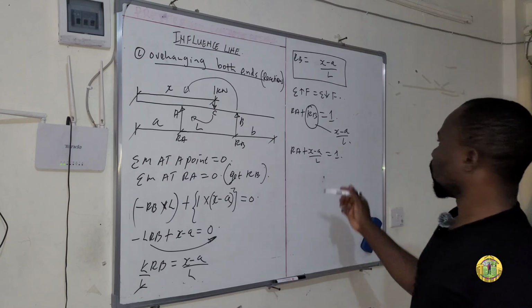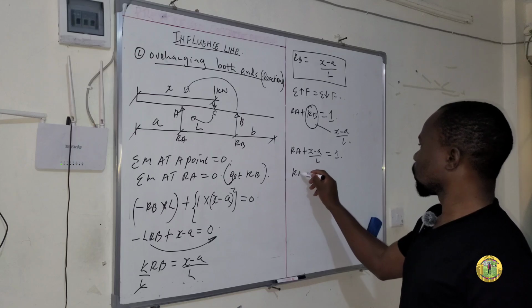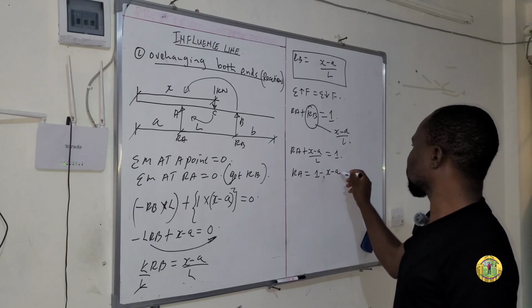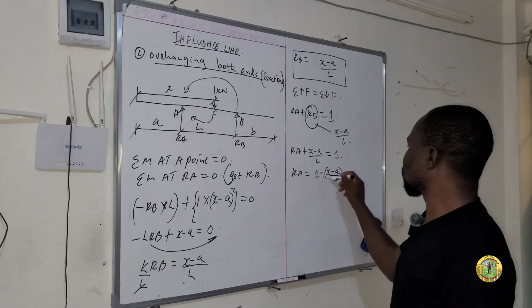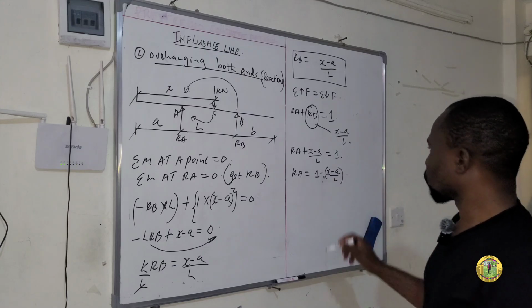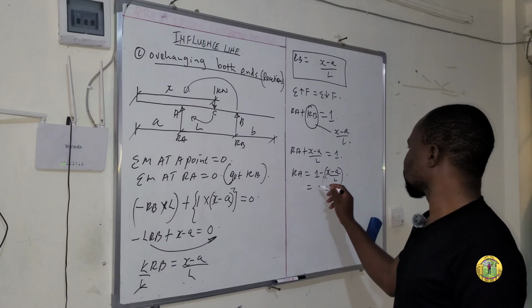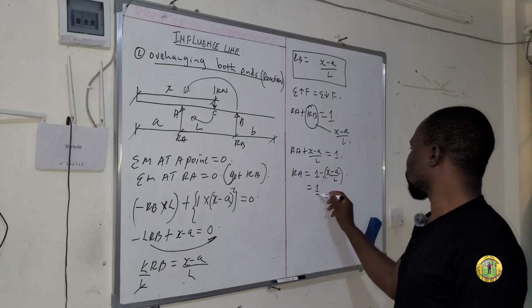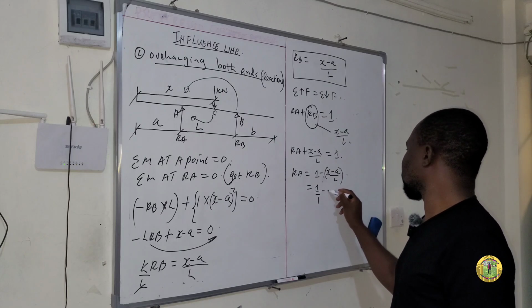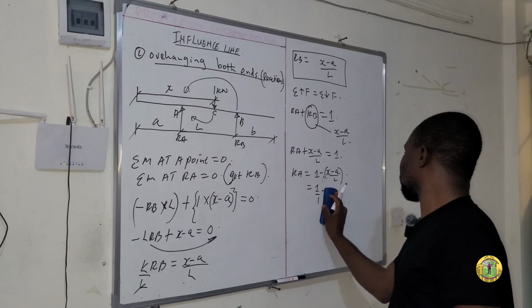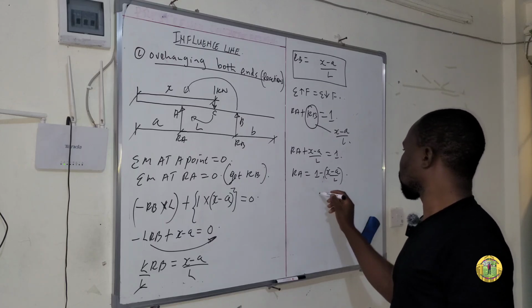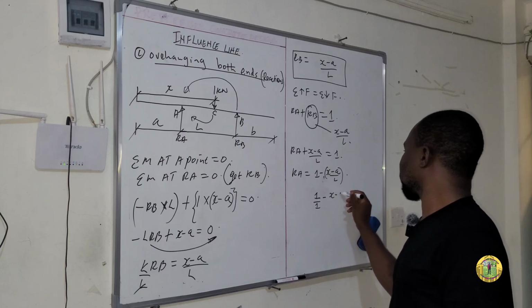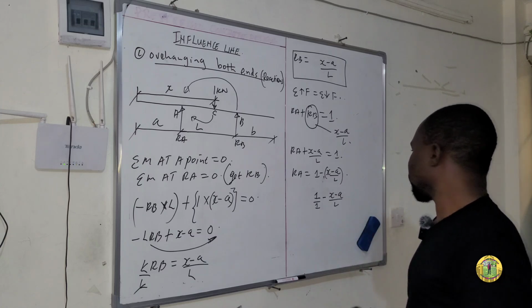Now, because we want RA, RA is equal to 1 minus x minus A over L.